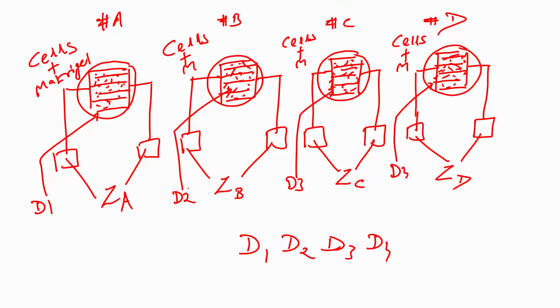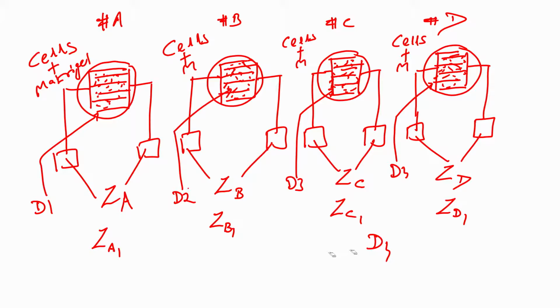Now, I will see ZA1, ZB1, ZC1 and ZD1. That is the change in the impedance value when I have loaded the drug.